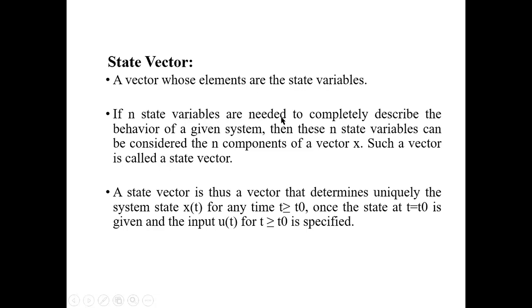If n state variables are needed to completely describe the behavior of the given system, then these n state variables can be considered as the n components of the vector x, and those will be called the state vector. A state vector thus determines uniquely the system state x of t for any time t greater than or equal to t0, from t0 to t.